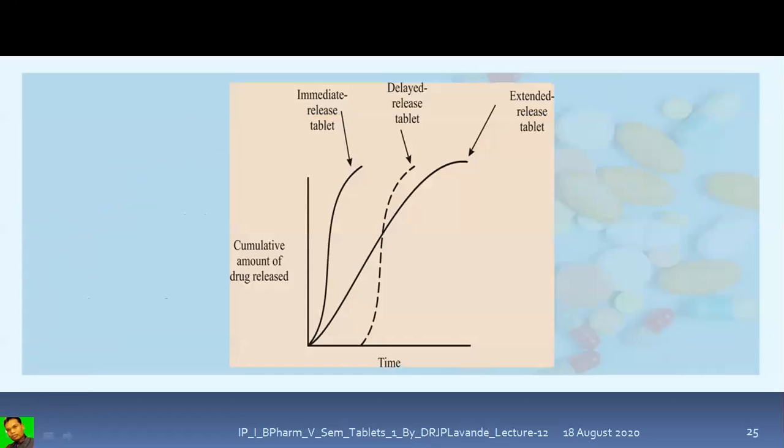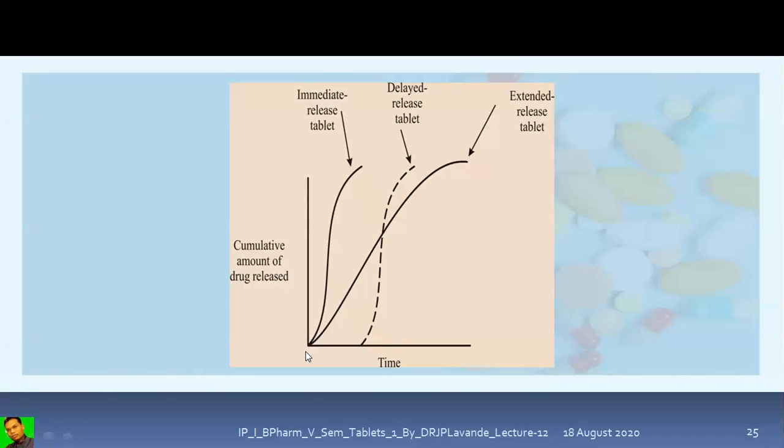Now here is the graphical representation for the immediate release, for the delayed release, and for the extended release. As soon as we are taking the drug, it will cause releasing its content. So this is said to be the immediate release kind of dosage form. In case of the extended release, no doubt the release of the drug will start as soon as it is taken, but it is over a period of time, for a longer period of time. That is said to be the extended release tablet.